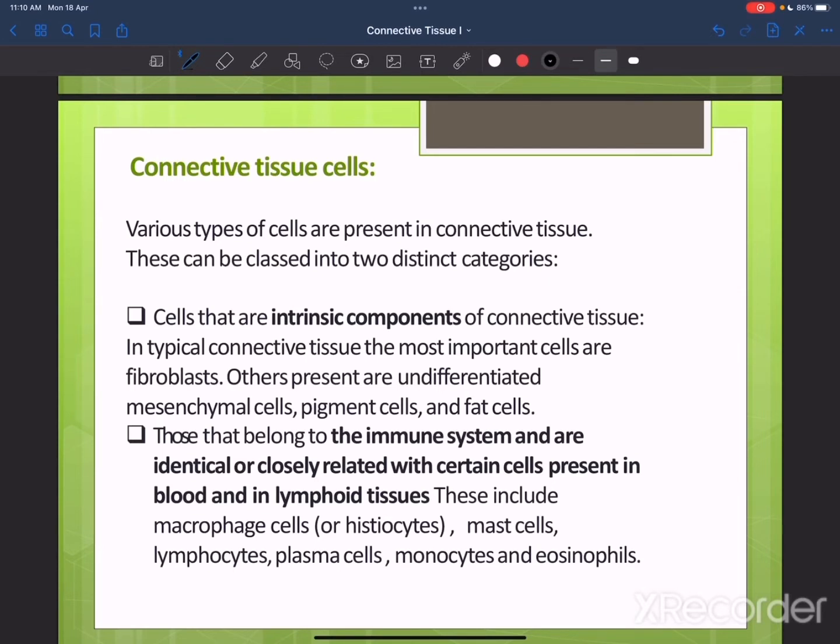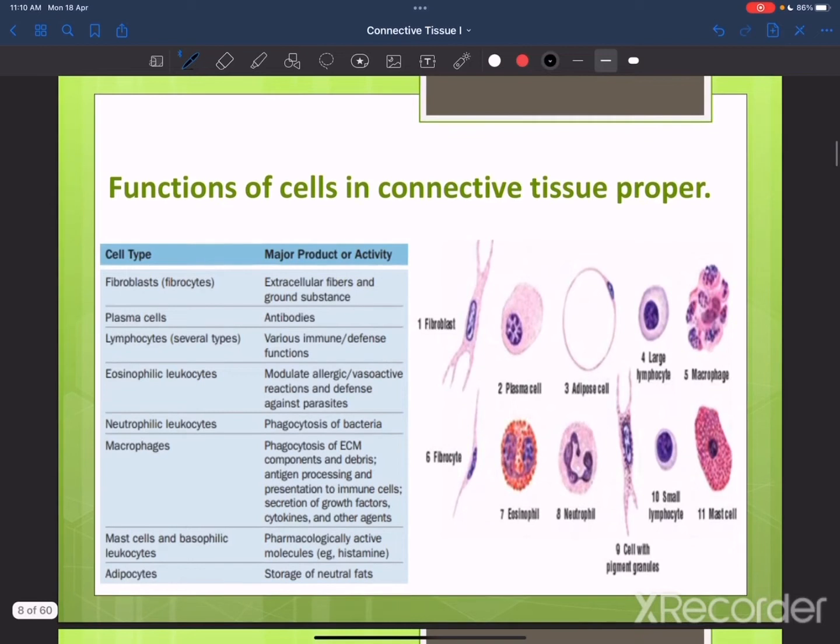So we have this nice table here for the different types of cells in the connective tissue and their related function. For example, the fibroblast, which is the most resident or fixed type of cell of the connective tissue. Their function is the extracellular fiber and ground substance synthesis. So they synthesize this extracellular material.